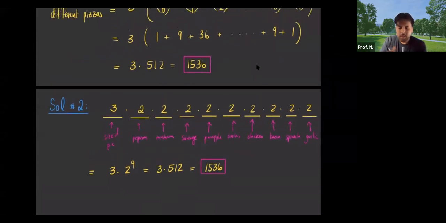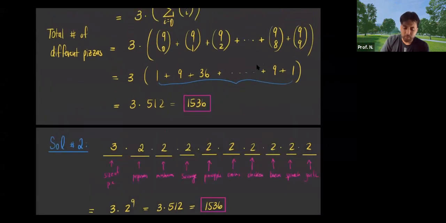And if you were a little bit more perceptive, you should have seen this already. Someone mentioned Pascal's triangle. I'm pretty sure I mentioned that Pascal's triangle is related to the binomial coefficients, which are 9 choose 0, 9 choose 1, 9 choose 2.